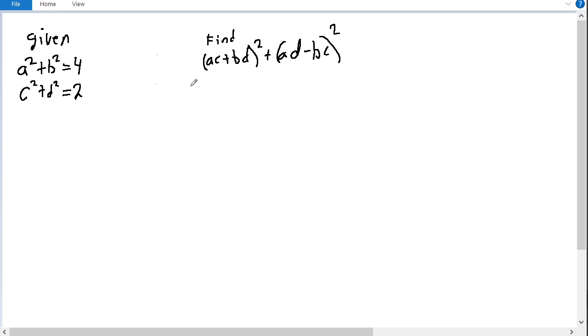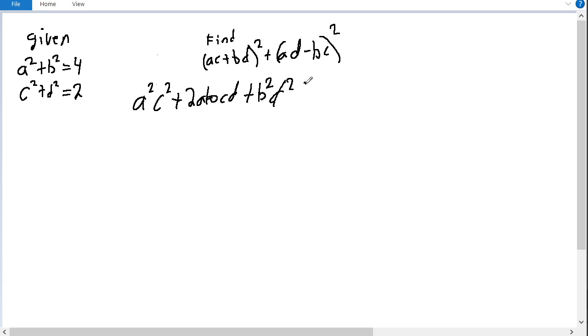All right, so this term squared, we will get a squared c squared plus 2abcd, plus b squared d squared, right? The square of the first term, the square of the second term, and then 2 times the product of the 2 terms.